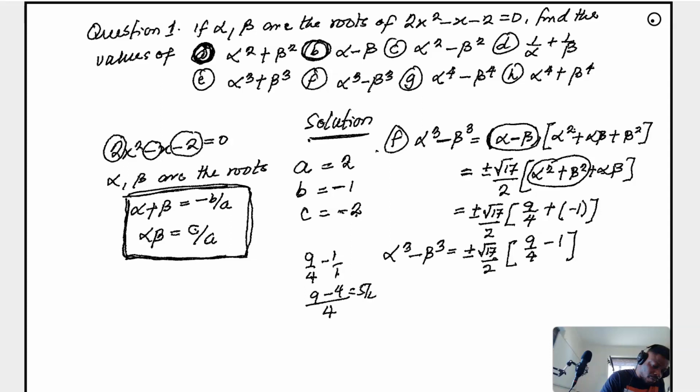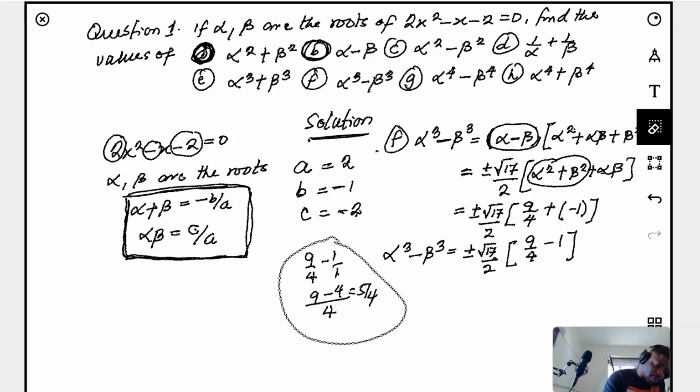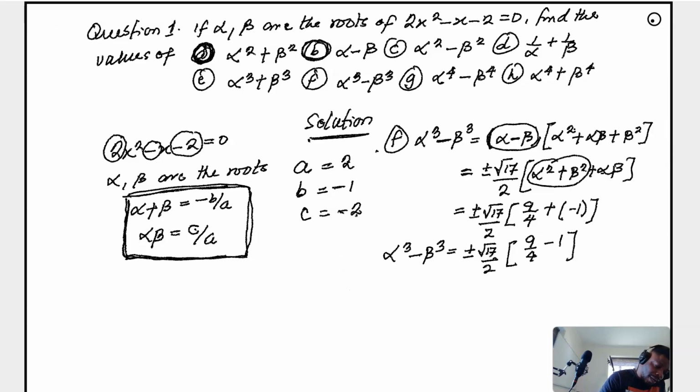That is 5 over 4. Okay? So that is 5 over 4. So in this case, I have alpha cube minus beta cube is equal to plus or minus root 17 over 2. And this is 5 over 4. Okay, so let's see how to finish up this.